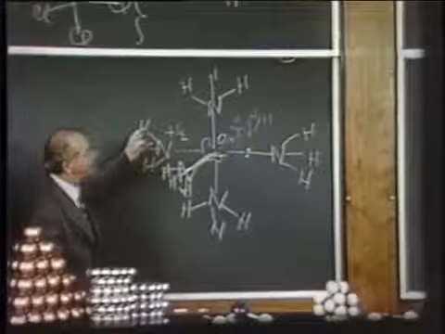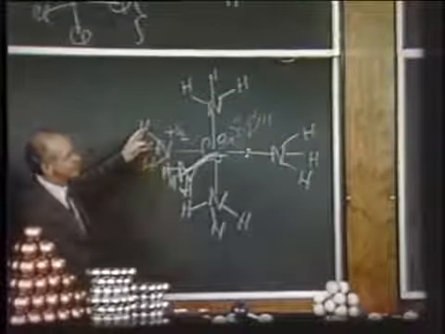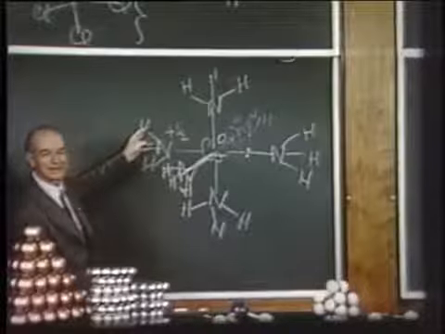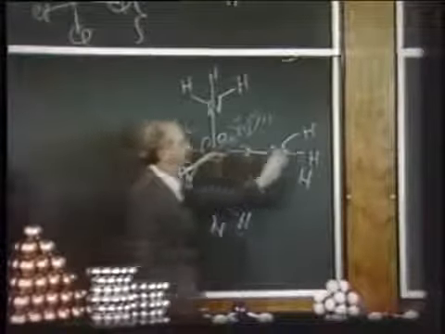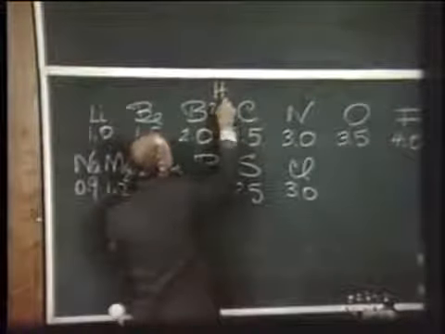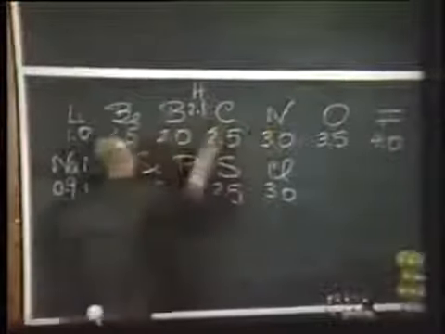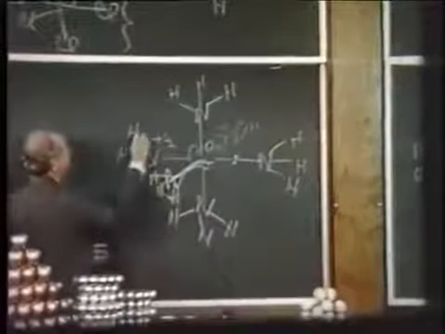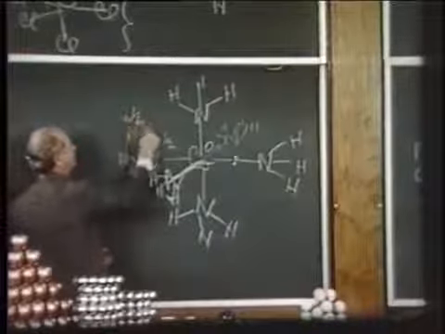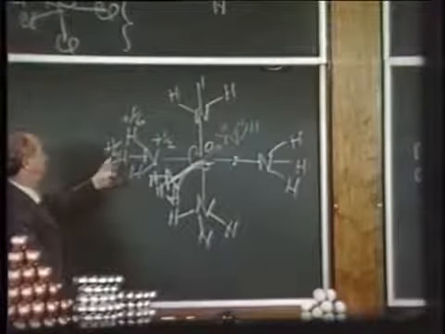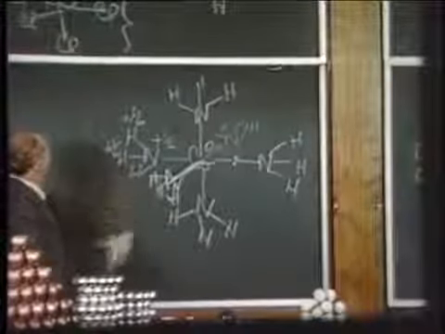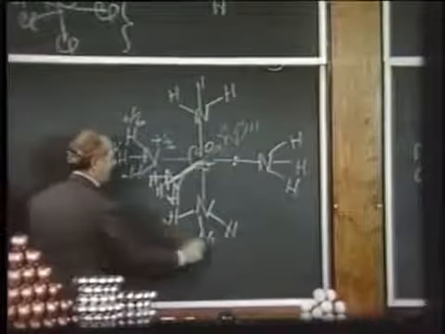The nitrogen-hydrogen bonds, as indicated by the difference in electronegativity of nitrogen and hydrogen, hydrogen at 2.1, have about 1/6 partial ionic character, so that there is a charge of plus 1/6 of an electronic charge, magnitude of an electronic charge, on each hydrogen atom.